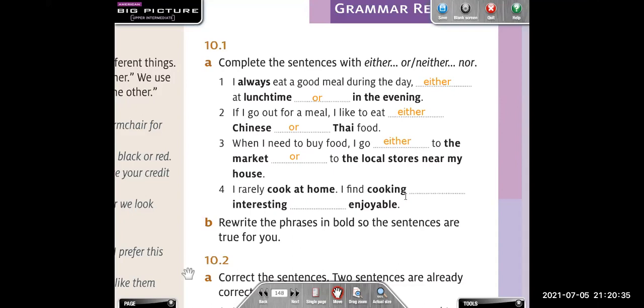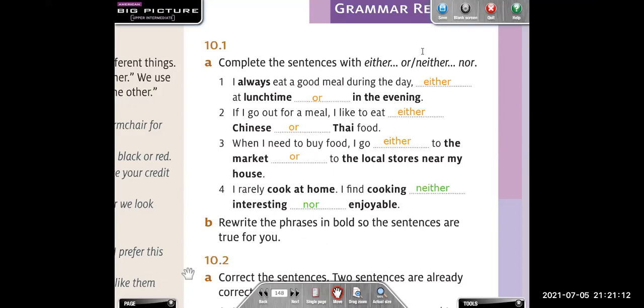I find cooking neither interesting nor enjoyable. No lo encuentro ni interesante ni lo disfruto. Okay? So if you can see, the sense of the sentence is negative when we use neither. Okay?